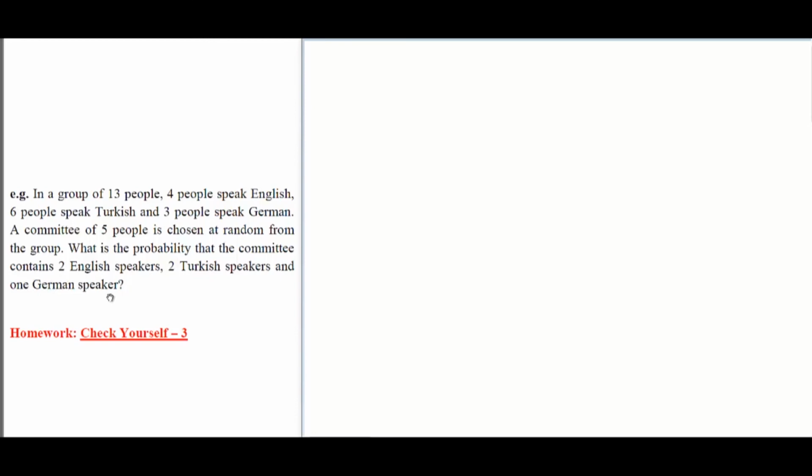So first of all, again, we find the number of sample space. It's equal to combination of 5 from 13. And what's the number of events here?